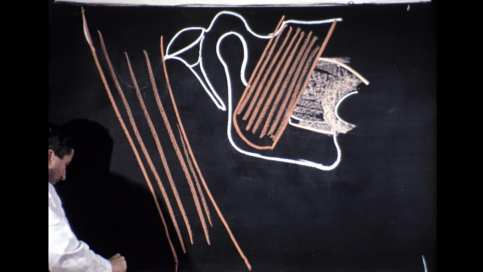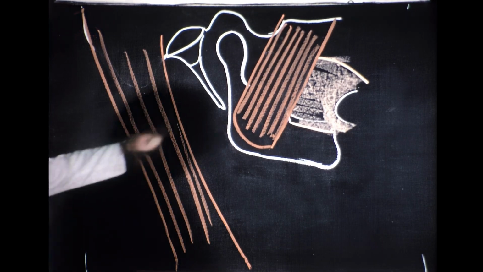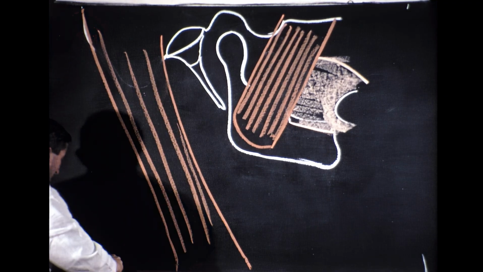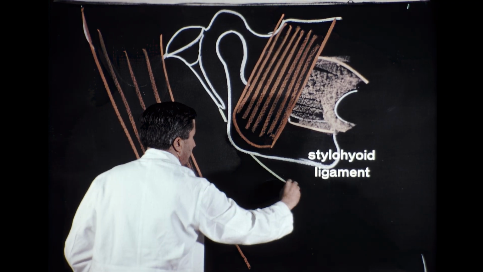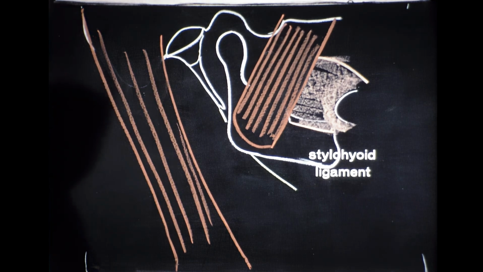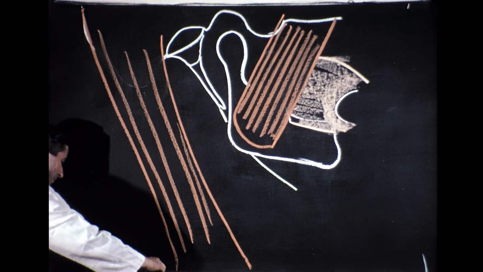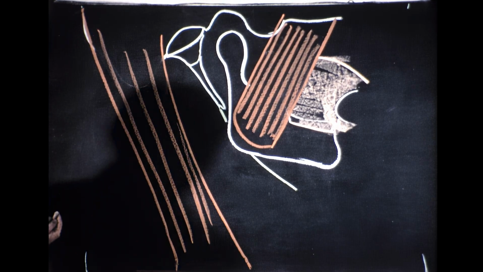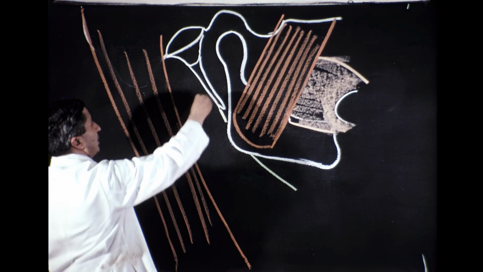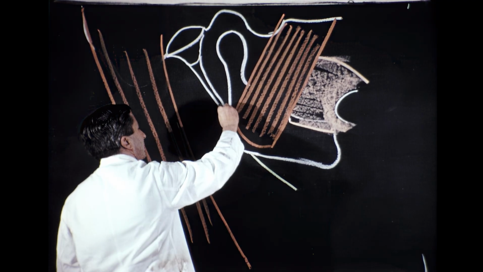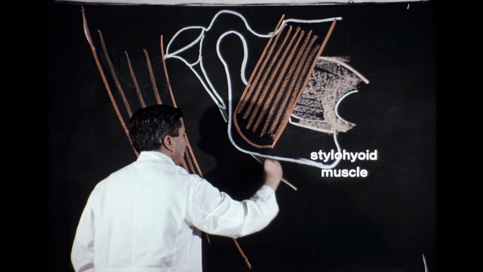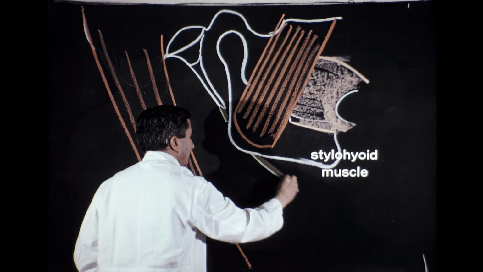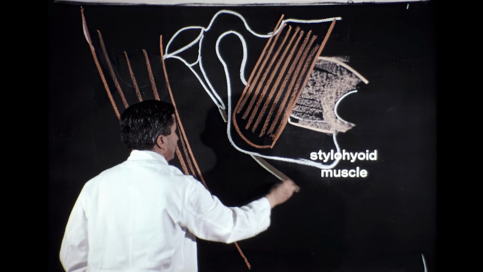Now when we think of the styloid process, we should be thinking of the stylohyoid ligament, which passes down here into the lesser cornua of the hyoid bone, and we should be thinking also of the muscles that arise from this styloid process. We have the stylohyoid muscle, which passes down here and goes into the hyoid, splitting to enclose the intermediate tendon of the digastric.